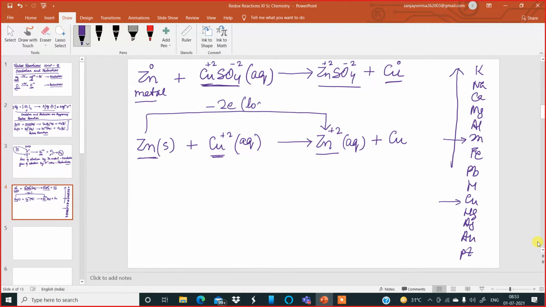There is loss of electrons. And the copper ions from copper sulfate solution are taking those two electrons.